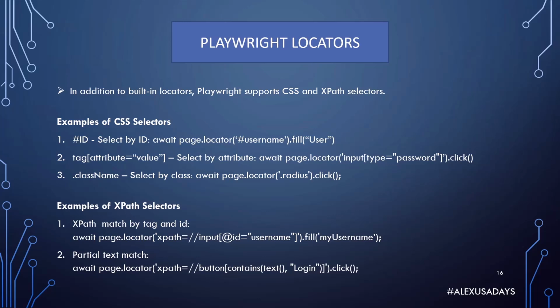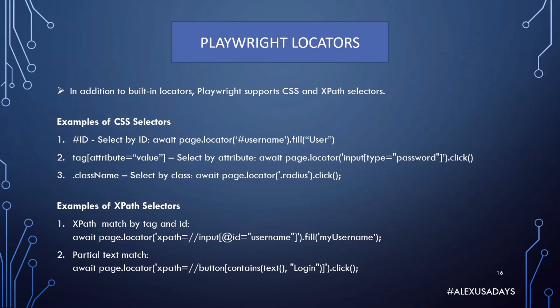There are also possibilities to grab the locators by XPath, and you can match XPath selectors, for example, by tag and by ID, where you would say page.locator, and then within the parentheses, you'll say xpath equals //, the tag, then the attribute and the value.